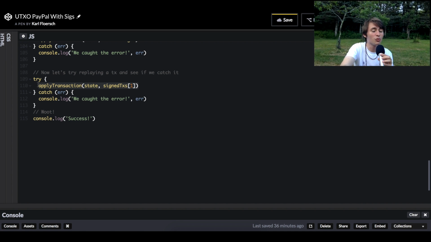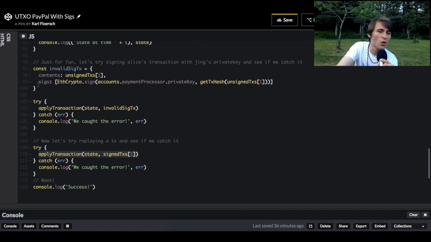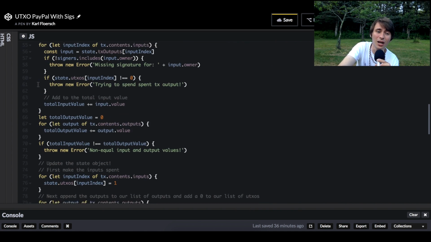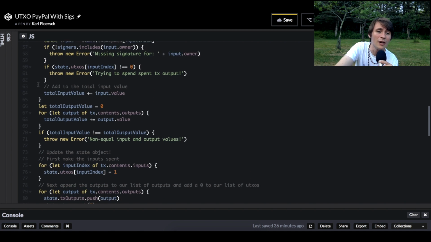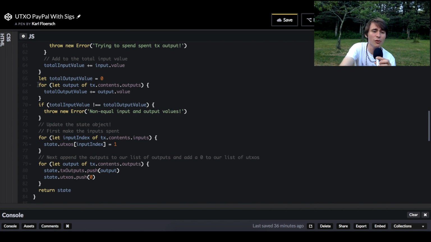Note that the replay of the transaction does not require a nonce. Why does it not require a nonce? Well, it doesn't require a nonce because in the UTXO model, there is a rule which says every output can only be consumed 1 time. That means the whole property of replay protection, using this nonce to make sure that each transaction can be consumed only 1 time, we don't have to worry about.